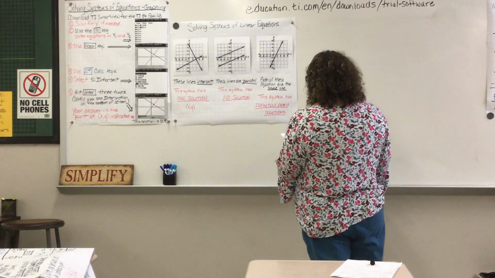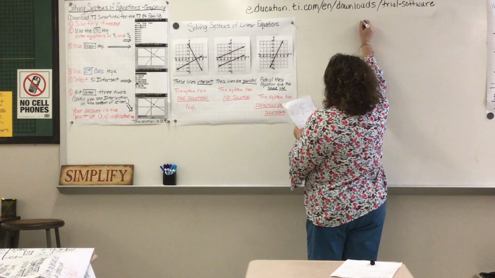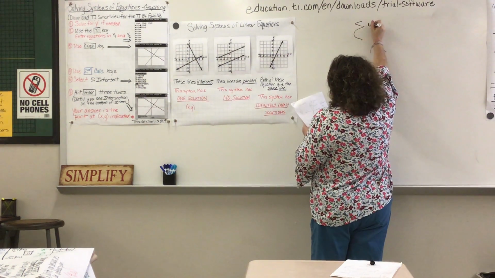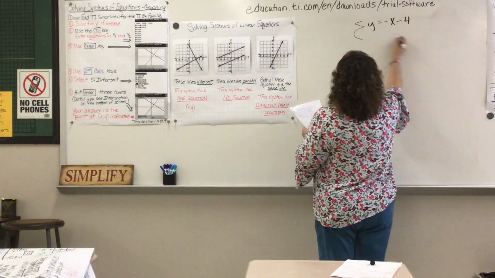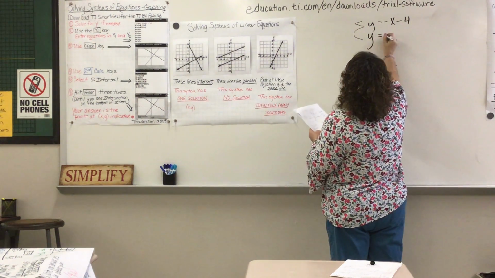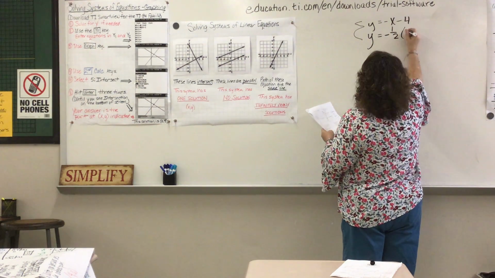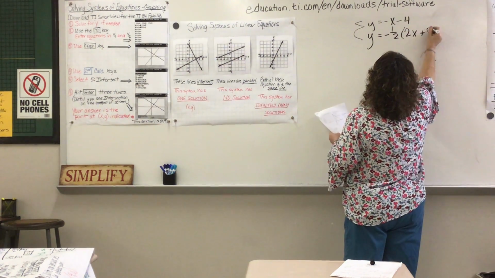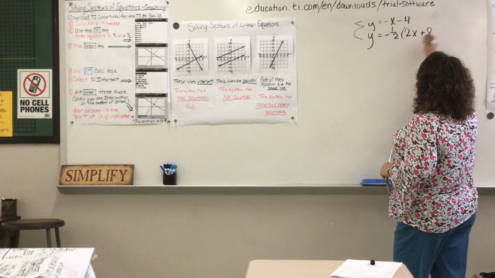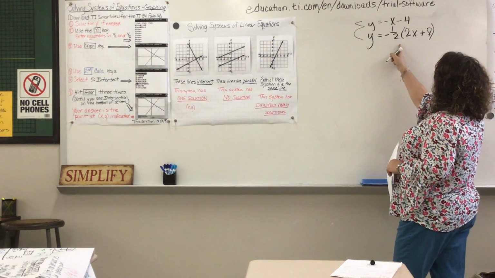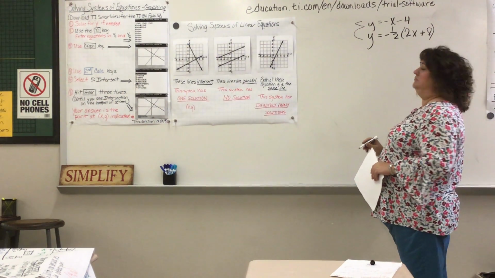So let's work another one. Say I have y equals negative x minus 4. And then we have y equals negative 1/2 times 2x plus 8, right? So I'm going to have to do a little working on this one, because this one isn't in y equals mx plus b.